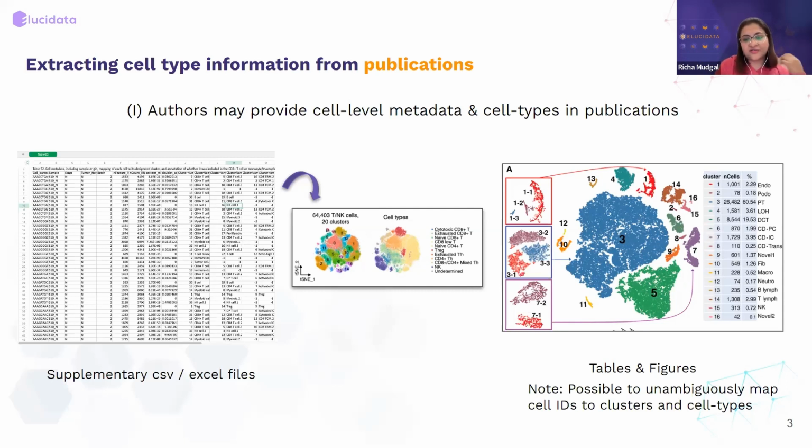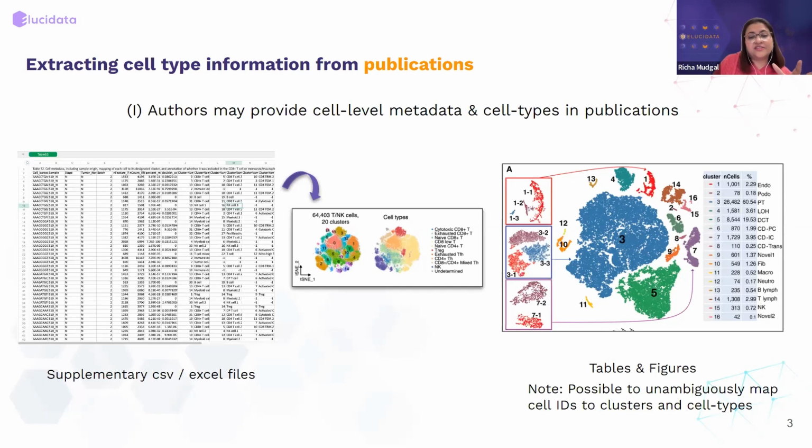As you can see in the figure on the right, the authors made available the clusters with the data set as cell metadata. If you look at the publications, you can clearly and unambiguously map their cluster IDs to the identified cell types. This makes replicating the author cell types much simpler.